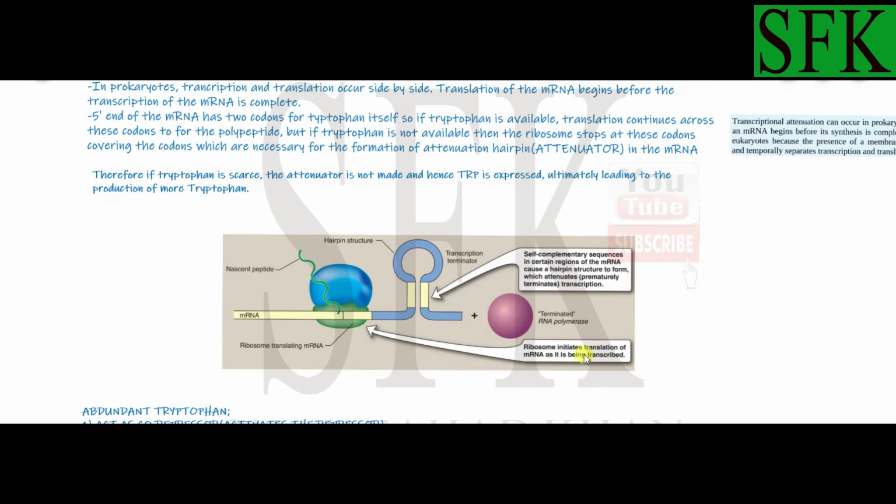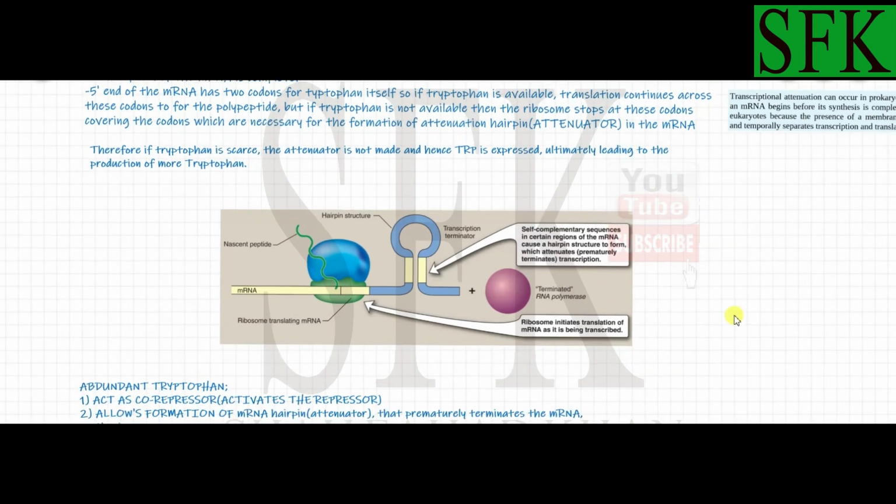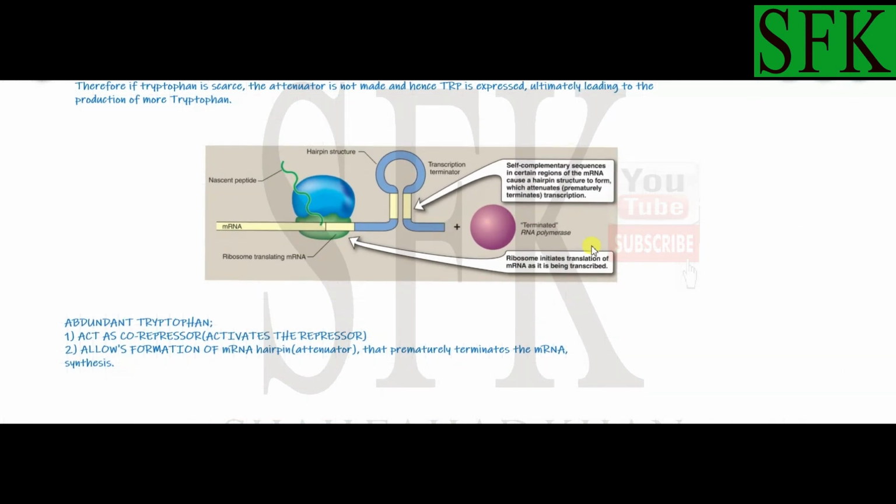And ribosomes initiate translation of the mRNA as the mRNA is being transcribed. We've talked about this part as well, because transcription and translation are linked in prokaryotes. The translation of the mRNA molecule starts even before the transcription of the mRNA is complete.